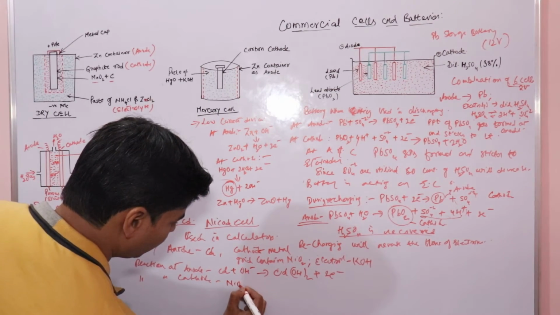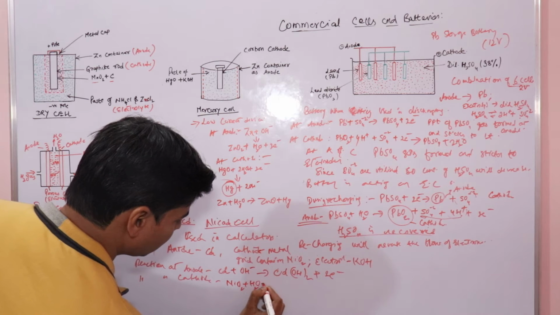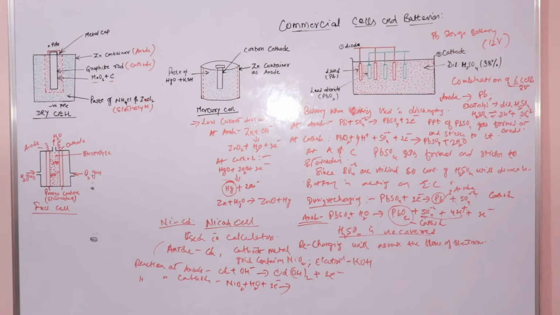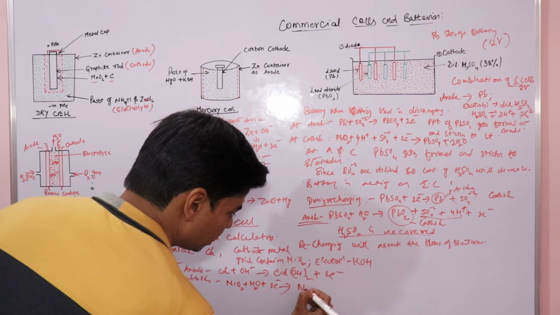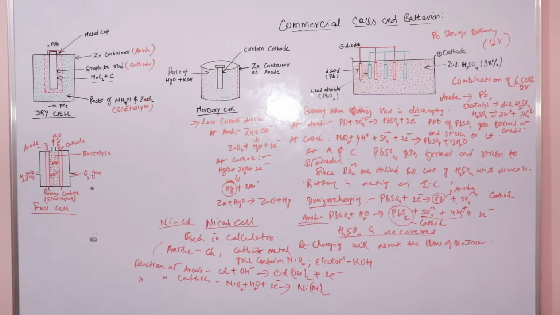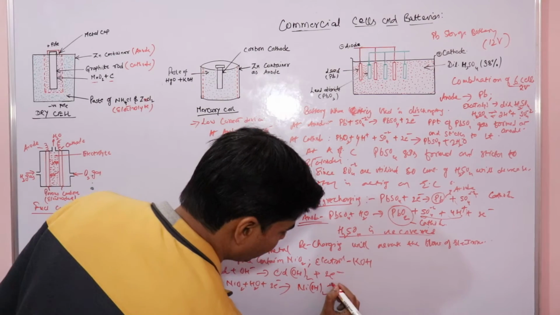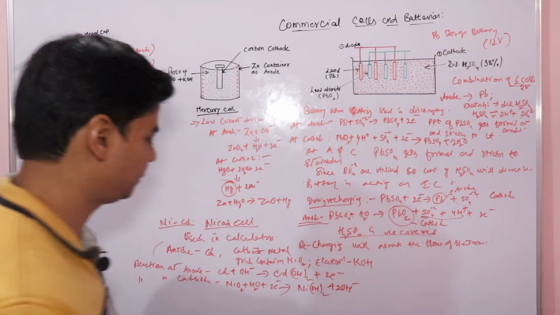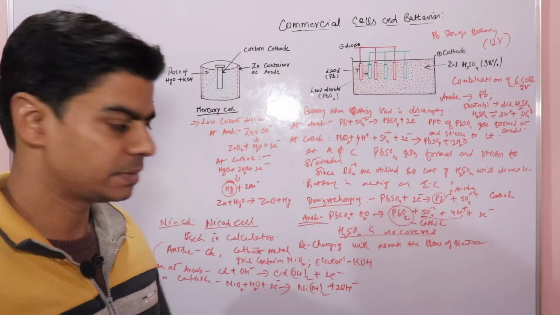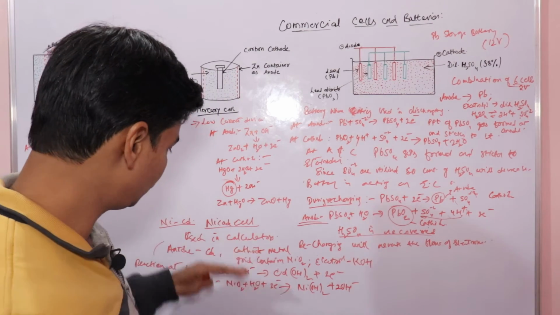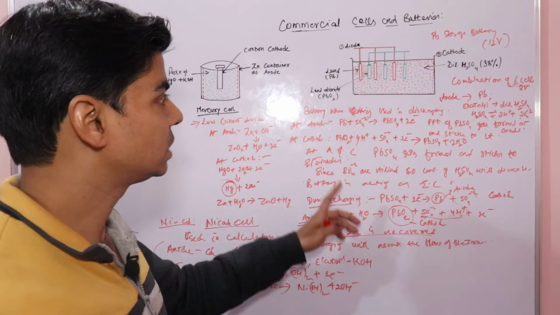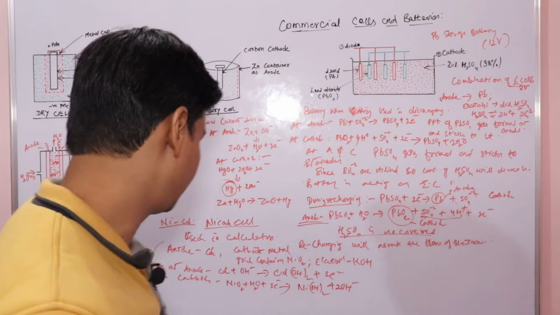So NiO2 plus water plus these two electrons will form nickel hydroxide plus 2OH. Similar to the lead storage battery, before you go through the NiCad battery, understand the lead storage battery in detail.